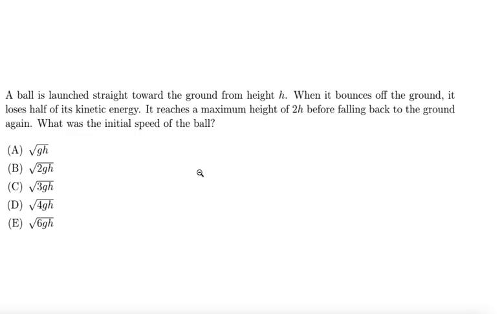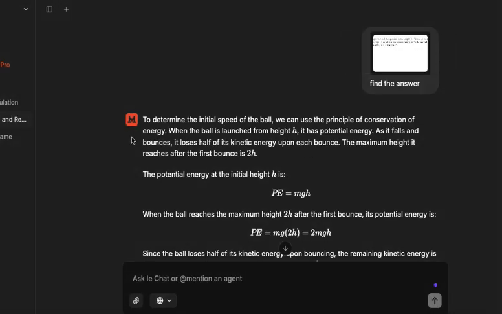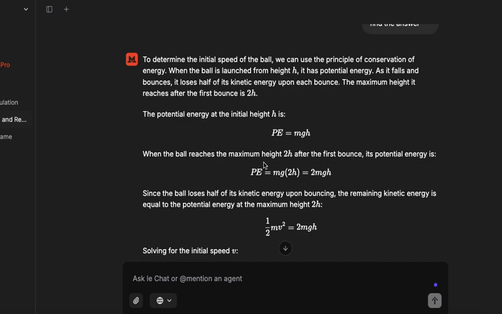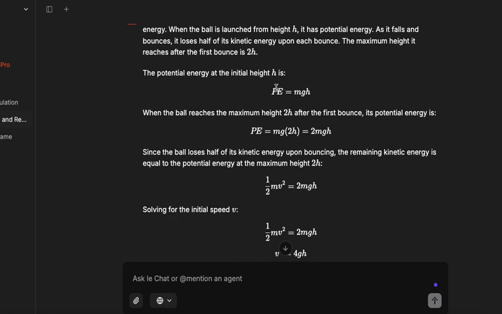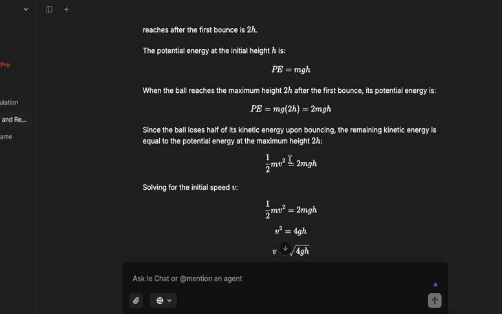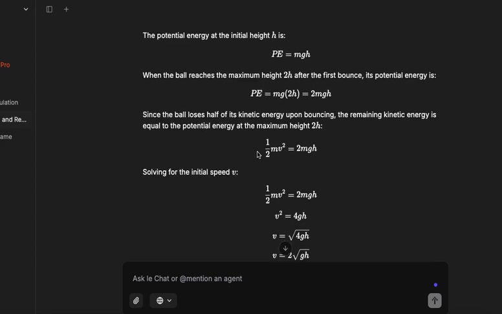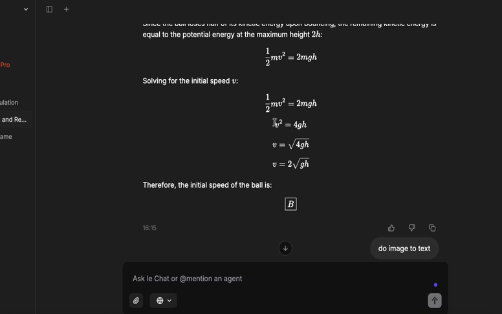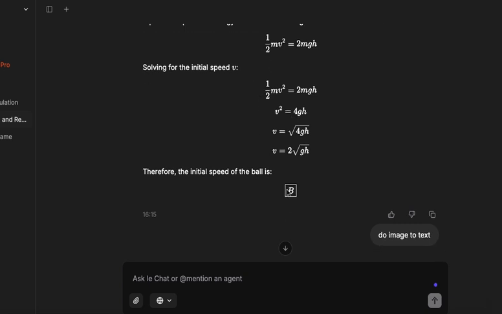Now the F equals MA physics challenge to Le Chat. Here are the reasoning steps. So far so good. This is good. No, here it gets wrong, confused. The actual answer is E.